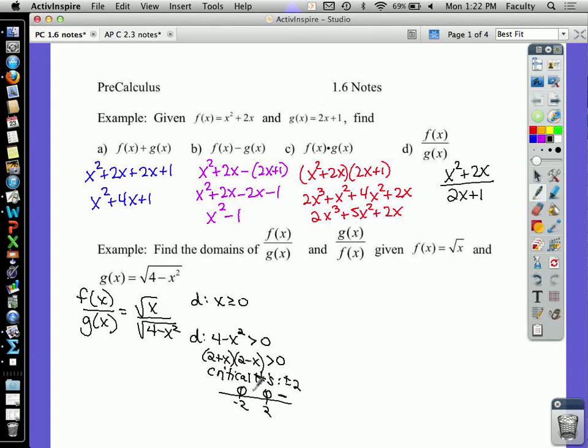If I pick 0, I get positive. If I plug in negative 3, I would get a negative times a positive, which is negative. So this is, sorry about that, that is parenthesis negative 2 to 2.